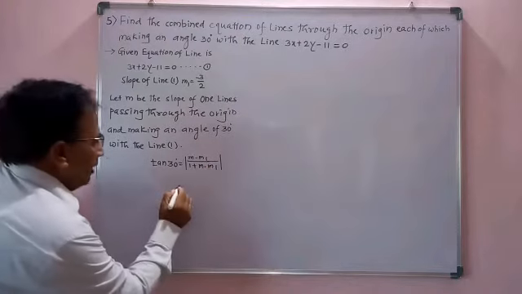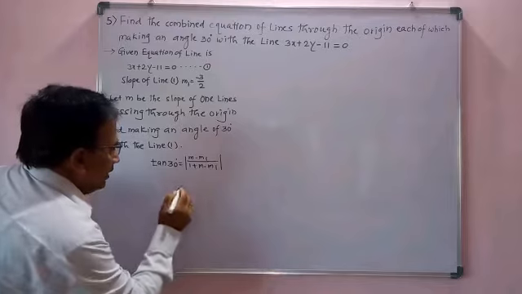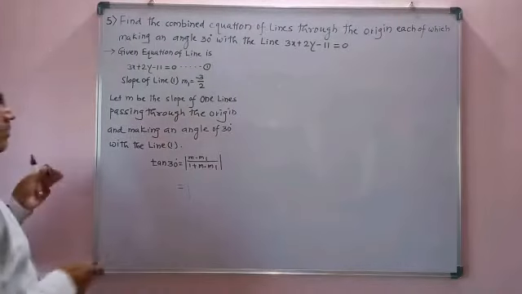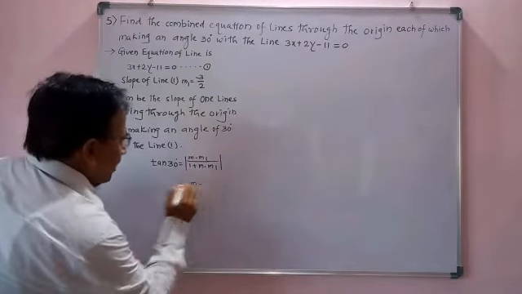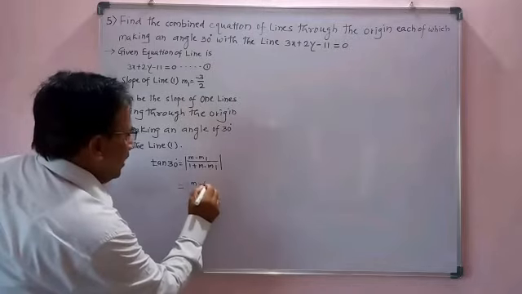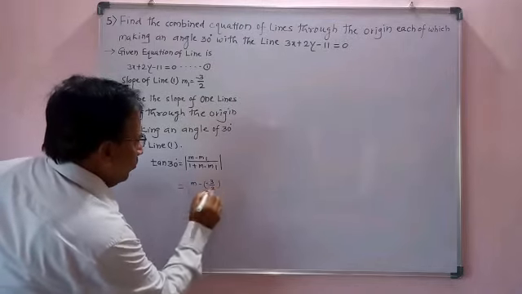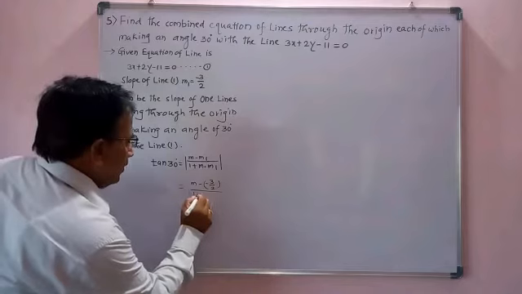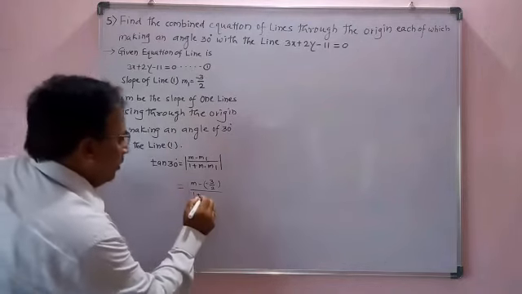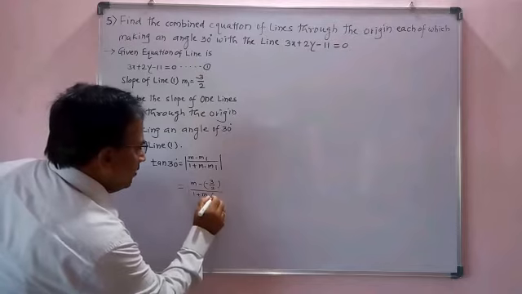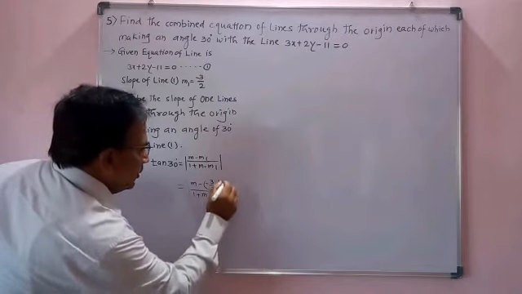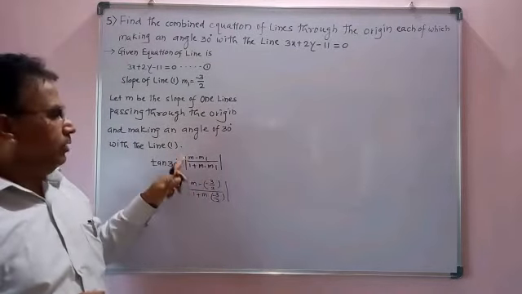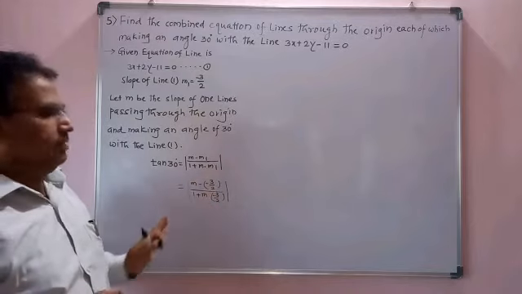The value of m1 is minus 3 by 2. So tan theta equals mod of m minus m1, where m1 is minus 3 by 2, divided by 1 plus m into m1, where m1 is minus 3 by 2.